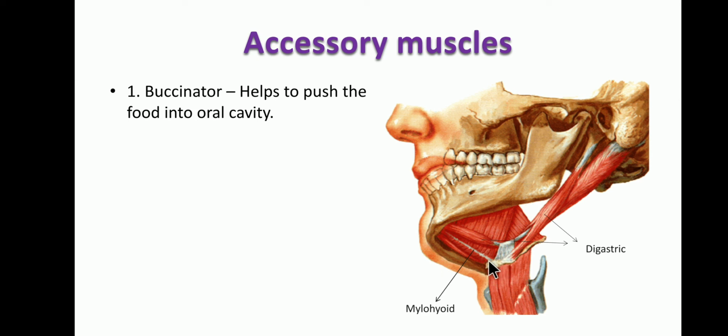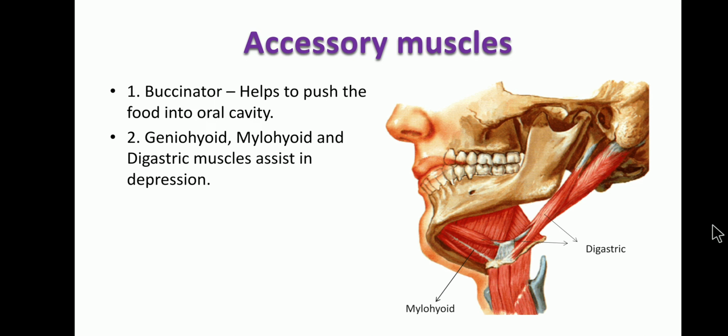So it has to be first fixed or stabilized by the infrahyoid muscles. When the infrahyoid muscles contract, the hyoid bone is held firmly so that the suprahyoid muscles can act. That is how they bring about the depression of the mandible, mainly the mylohyoid, digastric and geniohyoid muscles. So the infrahyoid muscles fix, and this assists in depression along with the lateral pterygoid.